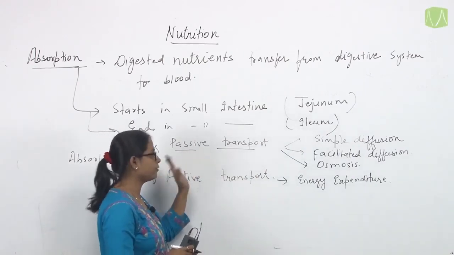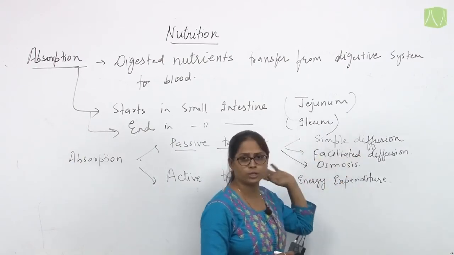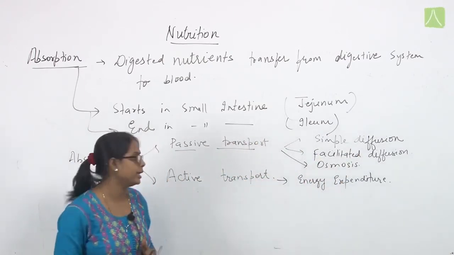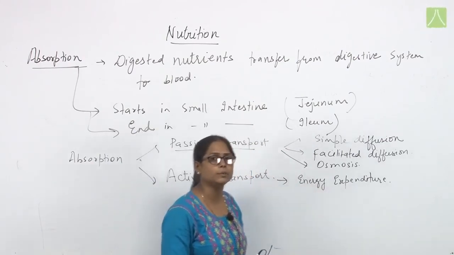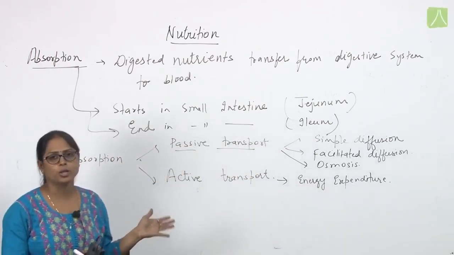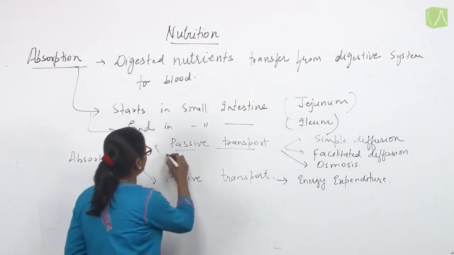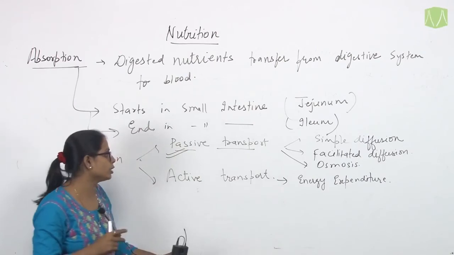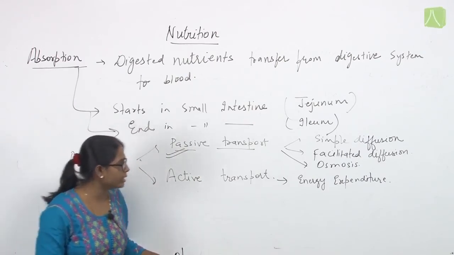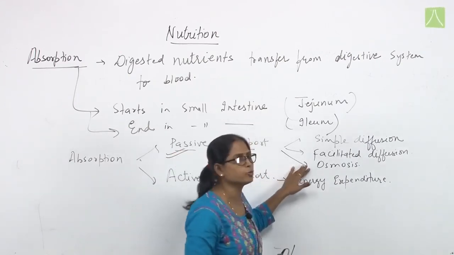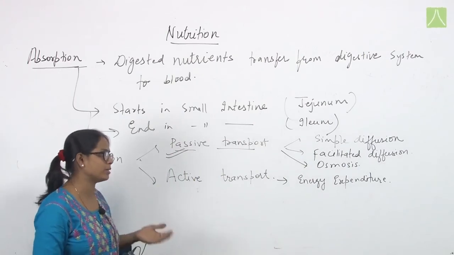So that is why passive transport does not require expenditure of energy because it occurs along the gradient, while active transport does require expenditure of energy in the form of ATP because it has to be transported against the concentration gradient. So passive transport obviously includes different types of nutrients as well as water itself, through osmosis.